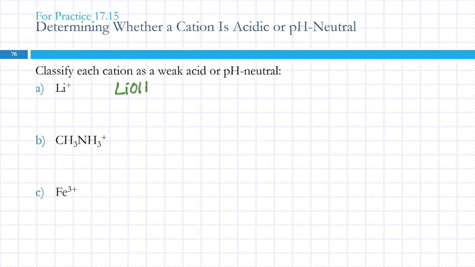Yeah, lithium comes from lithium hydroxide. I meant to say, what base does lithium ion come from? It comes from lithium hydroxide. Is that a strong base? Yes, it is. So this is pH neutral. It's not going to do anything.